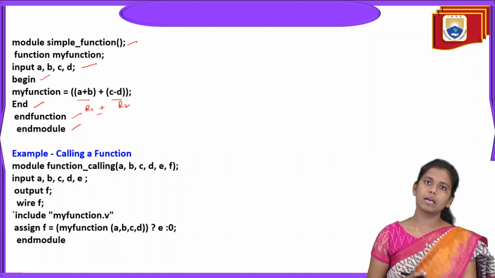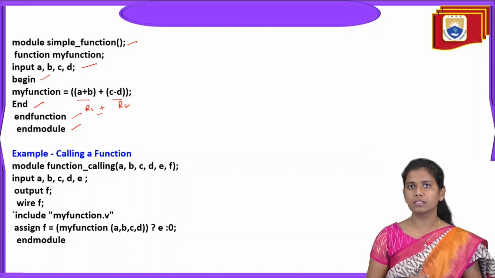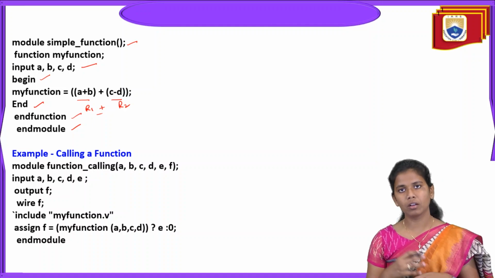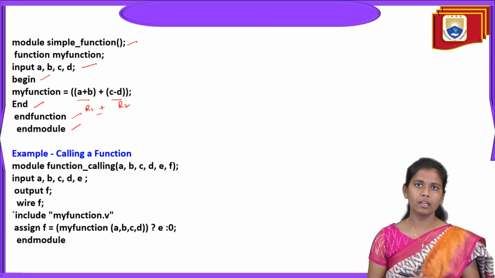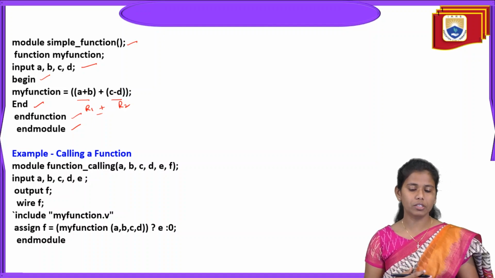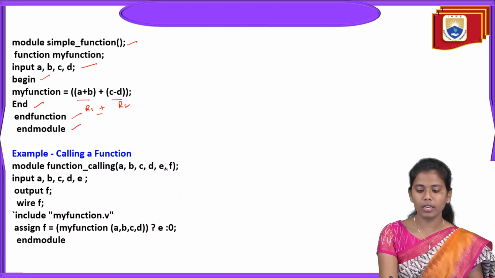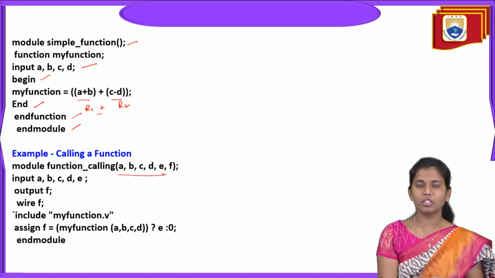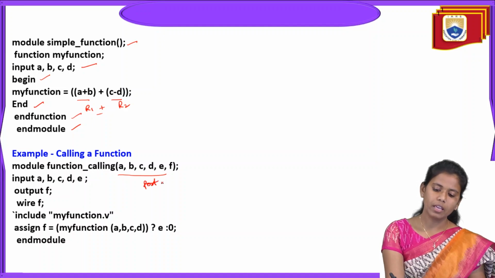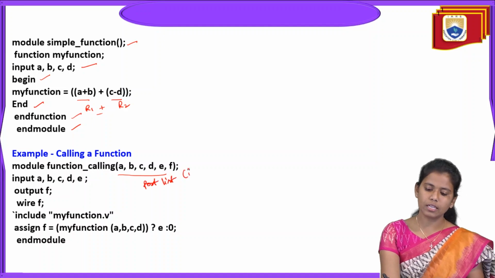In the previous example, we saw how to call a task, and now we will see how to call a function. Calling a function is done through the module. In the port list we mention all the inputs and the output.